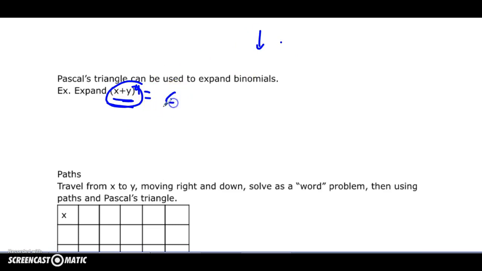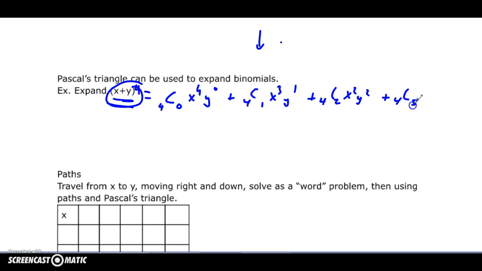So this becomes C4,0 x to the 4 y to the 0, plus C4,1 x to the 3 y to the 1, plus 4C2 x squared y squared, plus 4C3 x^1 y cubed, plus 4C4 x to the 0 y to the 4.